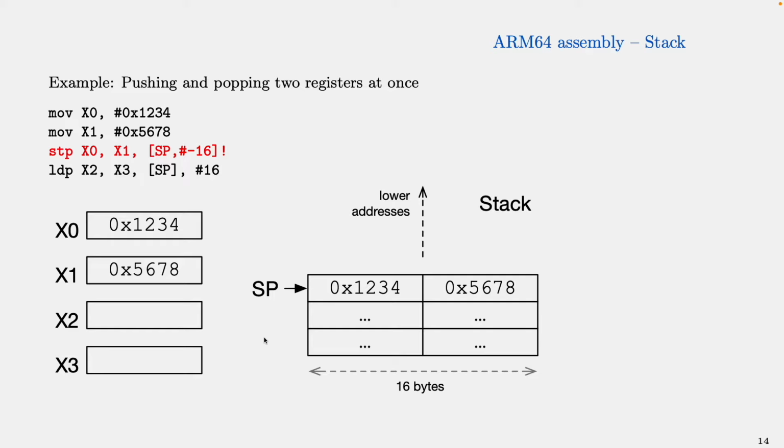And then we pop it off as a pair into x2 and x3. So the 1, 2, 3, 4 hex goes into x2 and the 5, 6, 7, 8 hex goes into x3.